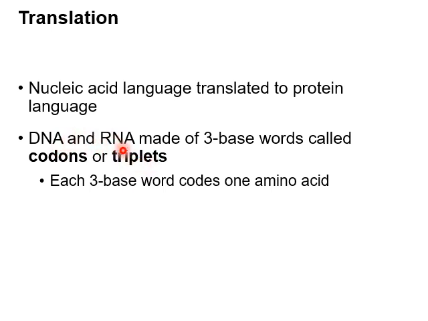These 2 words are synonyms, so you'll see both of these words getting used, either codon or triplet, they mean the same thing. And so each codon or triplet, which are 3-letter words, each of those code for one specific amino acid, right? So the letters AAA, that'll code for one amino acid, and the letters TTT, that will code for one amino acid.